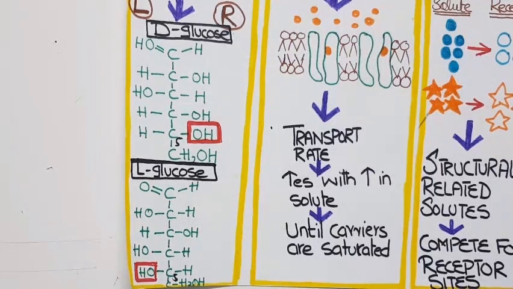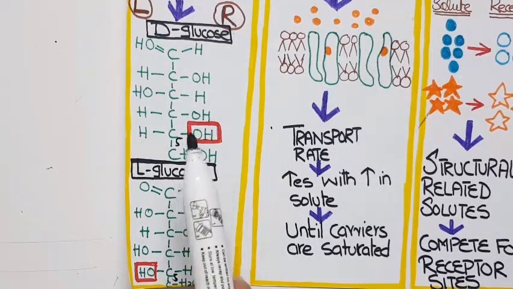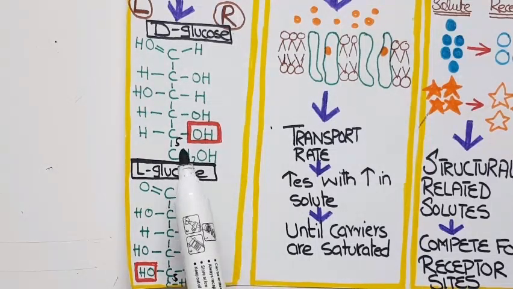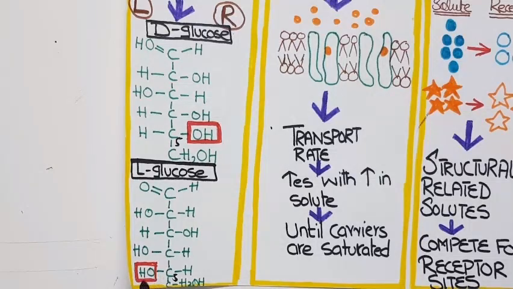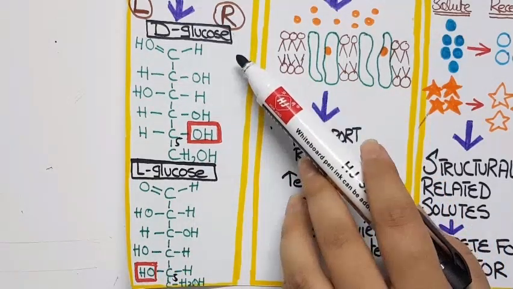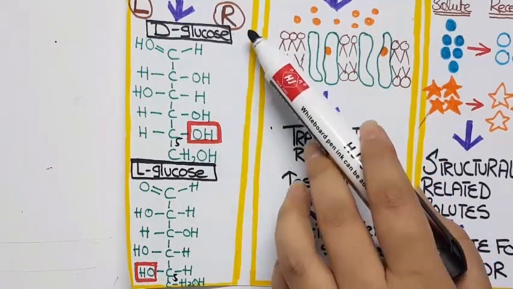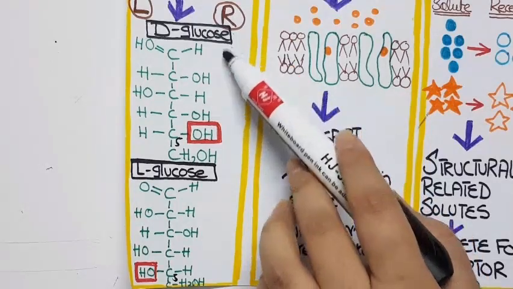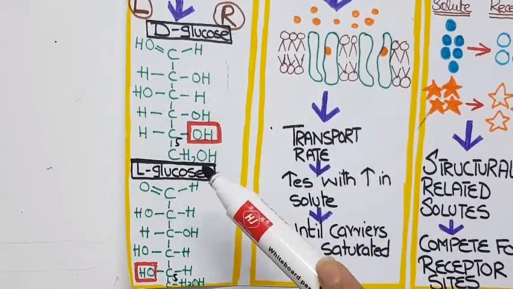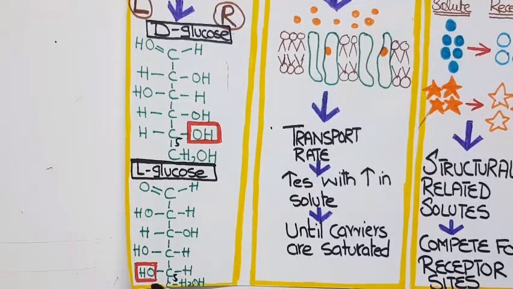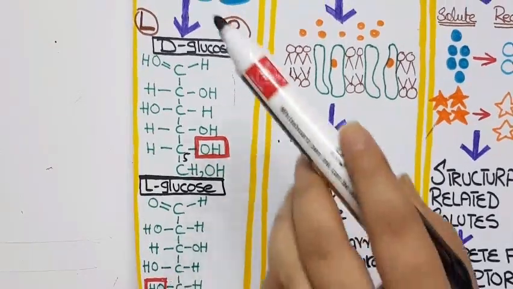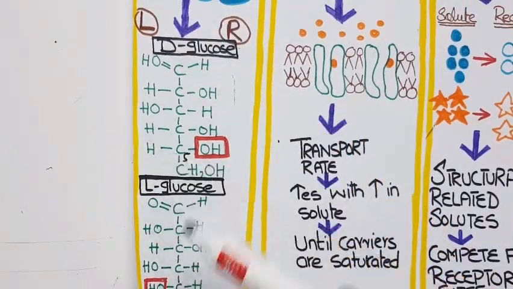The only difference is the arrangement of the hydroxyl group at carbon number 5. In D-glucose, this hydroxyl group is on the right side of the structure, whereas in L-glucose this hydroxyl group is on the left side. This is the only difference that they have.